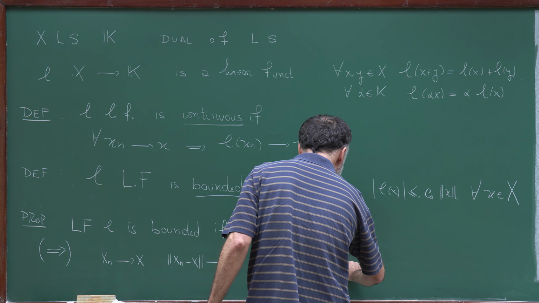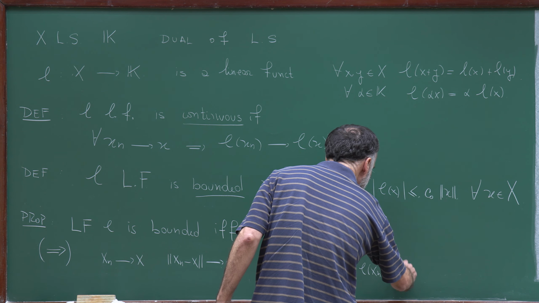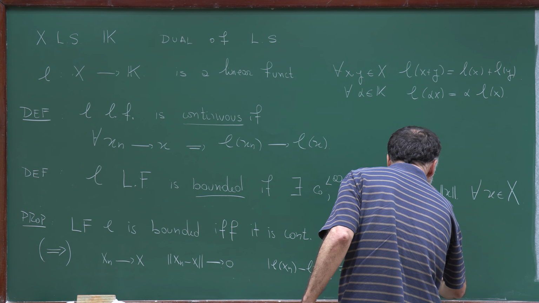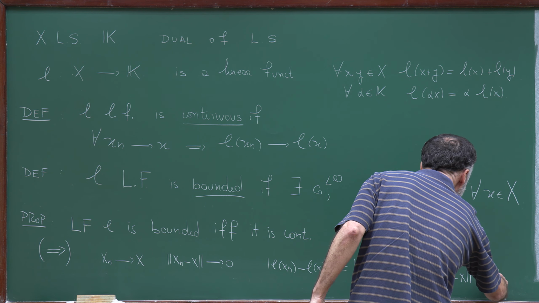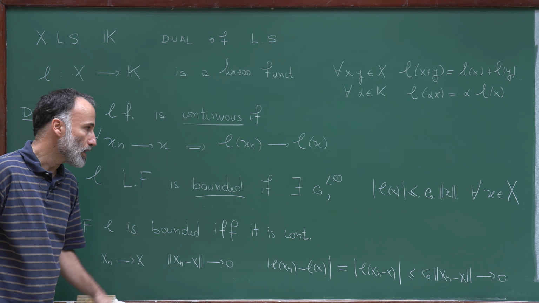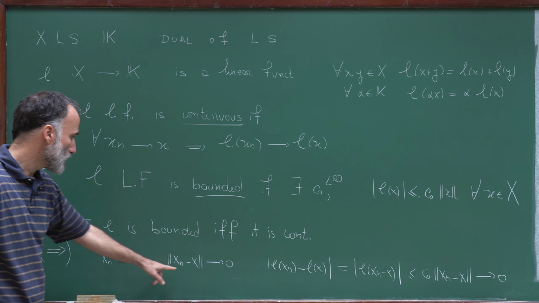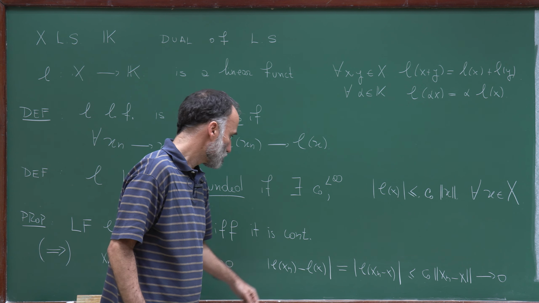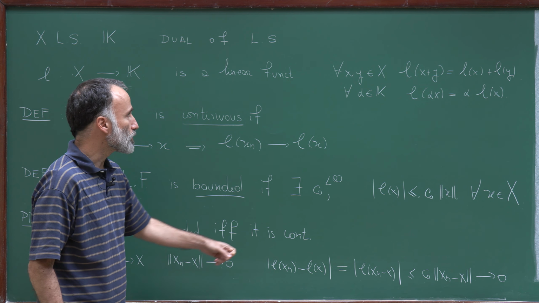By linearity, this is equal to the absolute value of L of xn minus x. By the fact that it's bounded, this is bounded by a constant C0 times the norm of xn minus x. And this converges to 0 because I'm assuming that xn converges to x, which means that the norm of the difference converges to 0. So we proved that if you have a linear functional which is bounded, it is continuous.